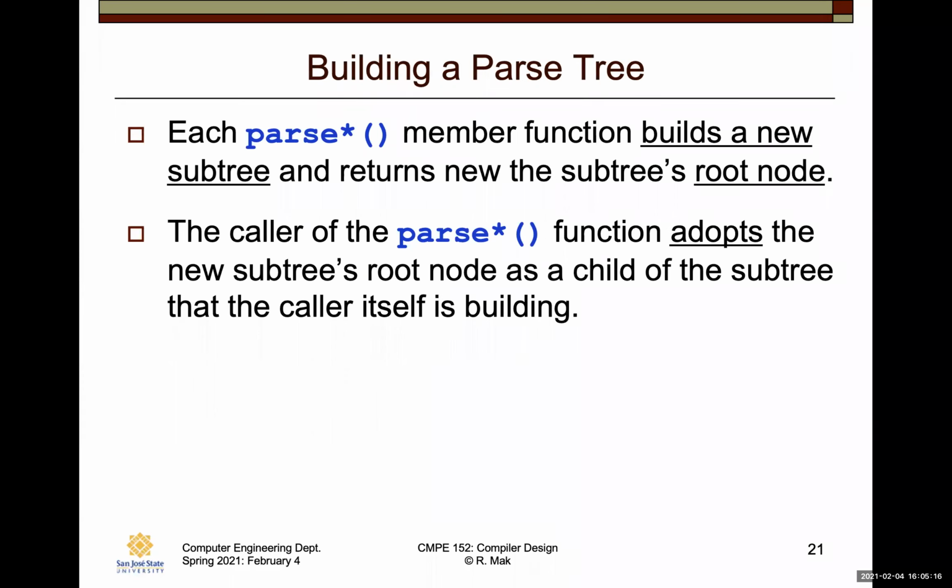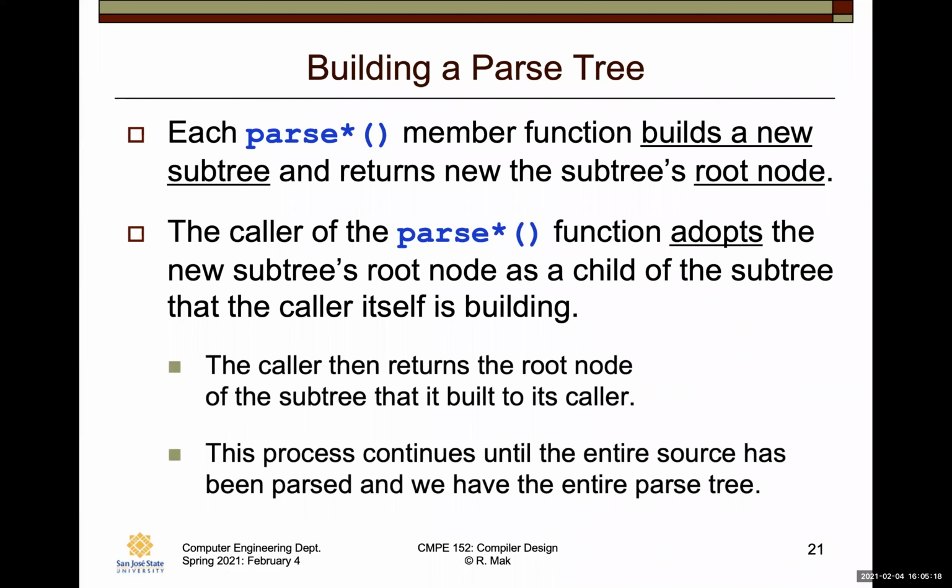Okay, so if you call one of these parse functions, you will get back the root of the subtree that function built. And then if you're the caller, you will take that root and make it part of the larger subtree that you're building.